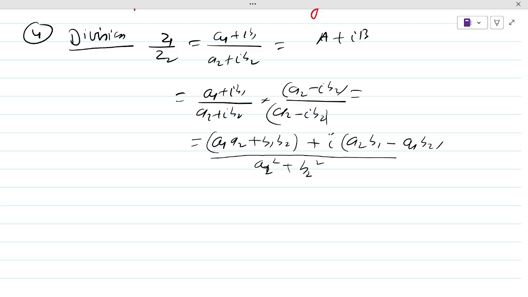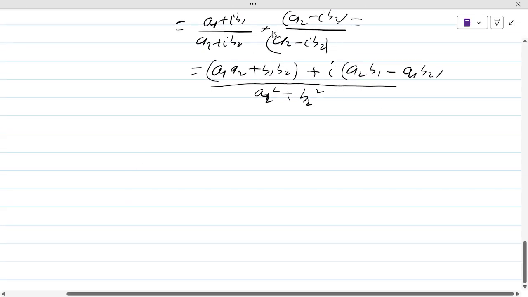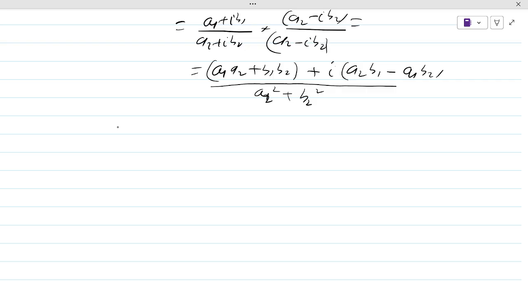This is the real part and this is the imaginary part of the complex number. Now let's discuss its geometrical interpretation. Let's say this is the real axis, this is the imaginary axis.